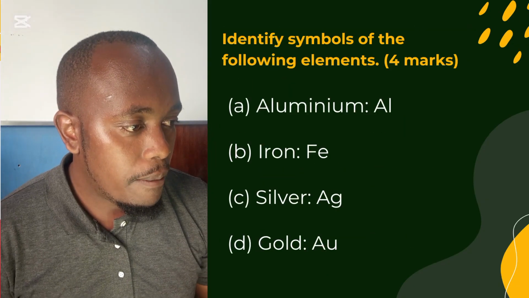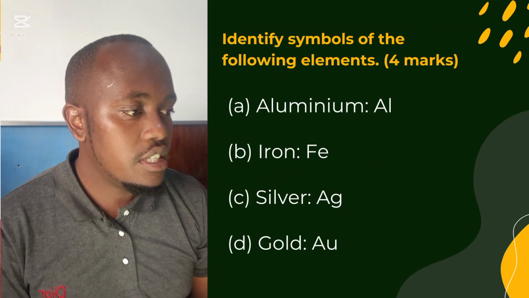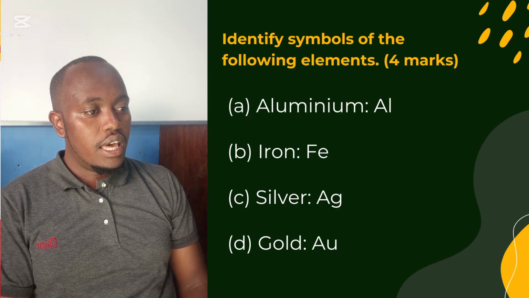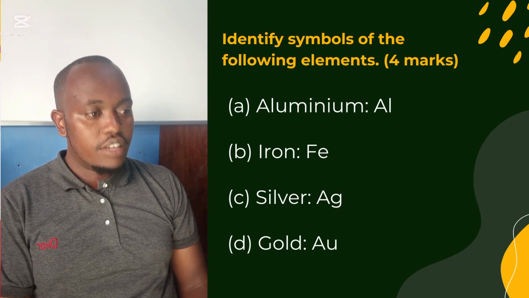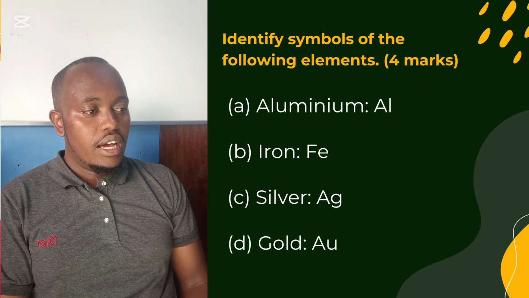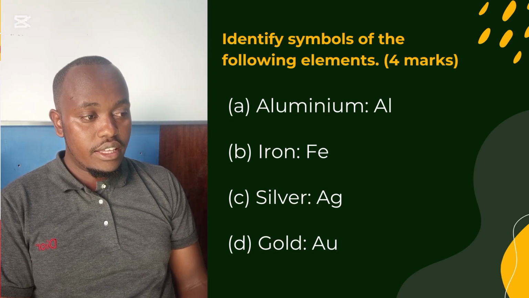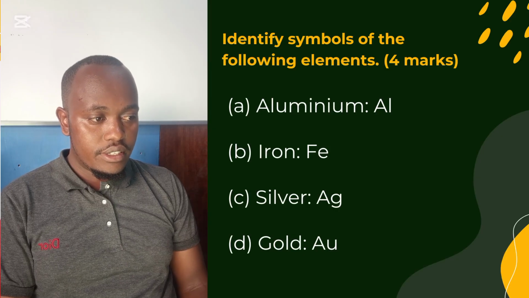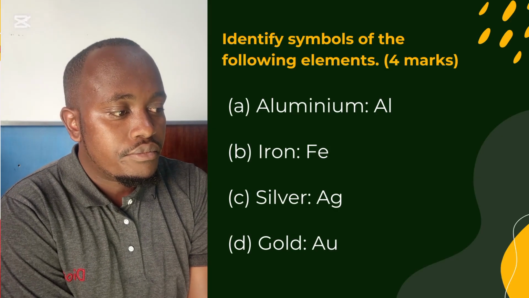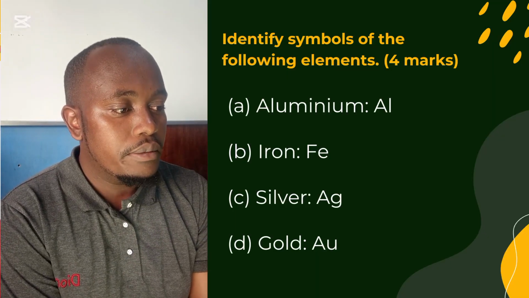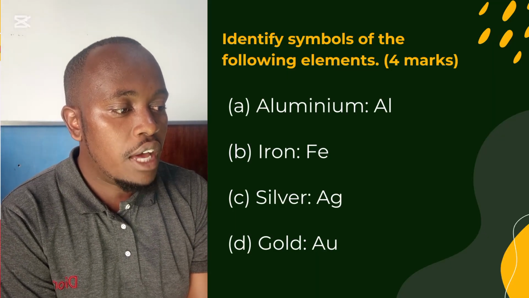The next question, identify symbols of the following elements. We are given aluminium. Aluminium, the symbol is Al, capital A, then small l. B, we have iron.